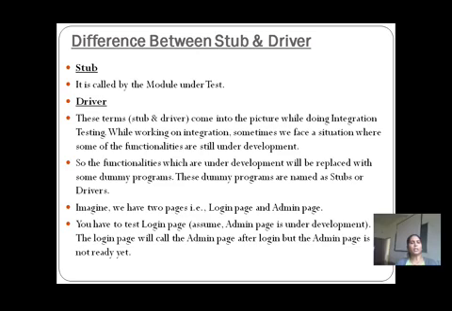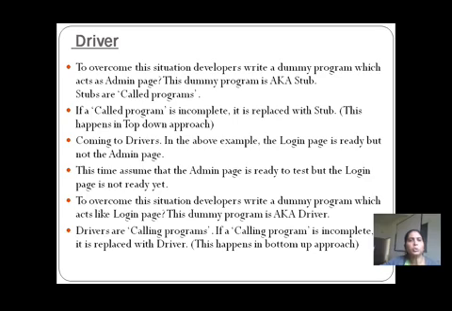So the login page will call the admin page after the login, but the admin page is not yet ready, which means the admin page is under the development process. To overcome this situation, a developer is going to write a dummy program which acts as an admin page. It is not actually the admin page, but it acts as a dummy admin page.